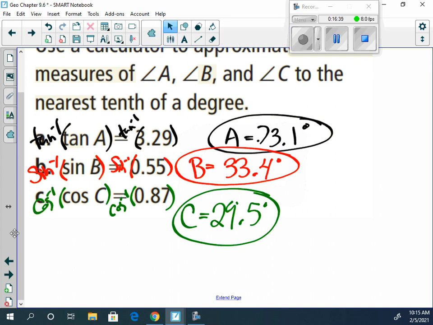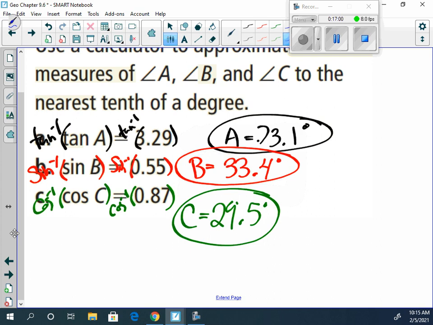So if I use cosine, I'm going to have to use cosine inverse to undo it. If I use sine, I'm having to use sine inverse to undo it. And if I use tangent, I'm going to have to take tangent inverse to undo it, yes? Questions on these here? Any questions on anything we've done so far?